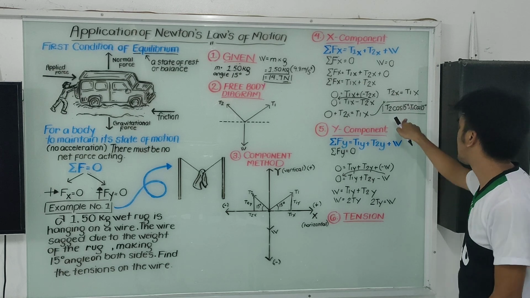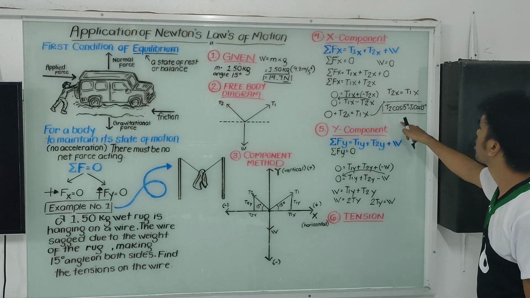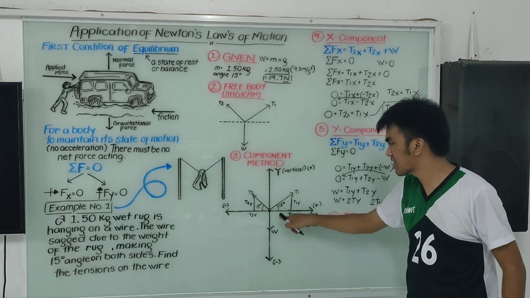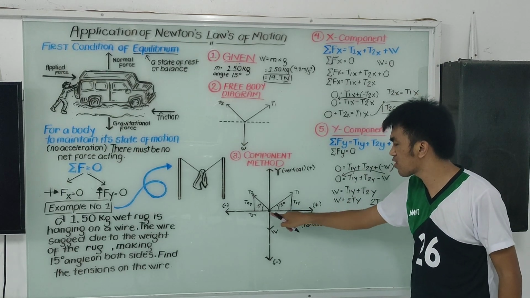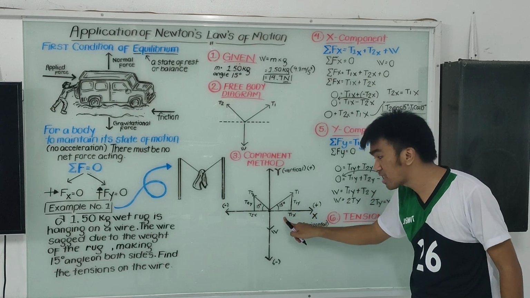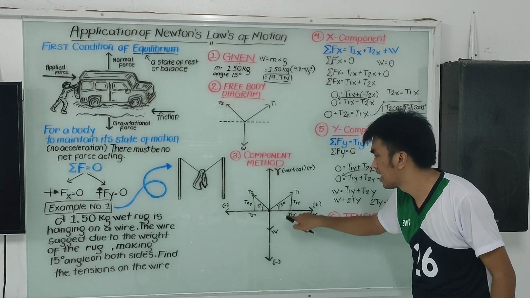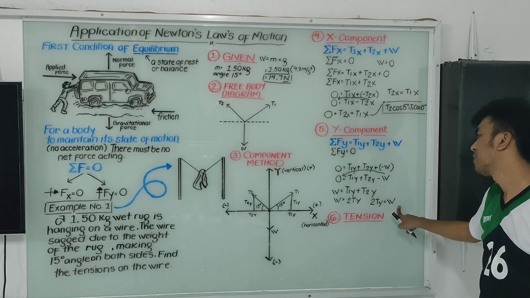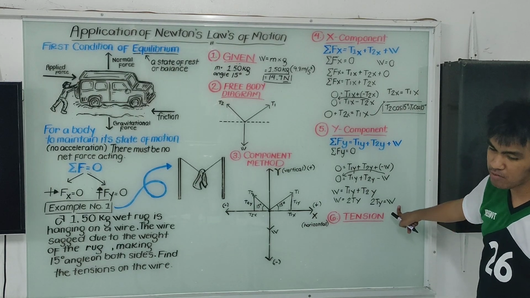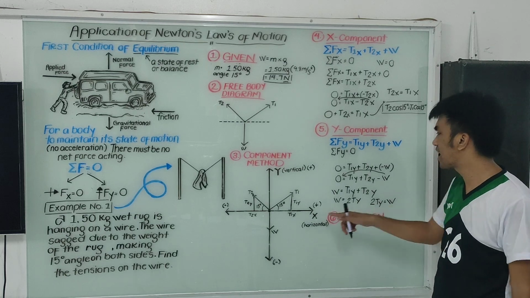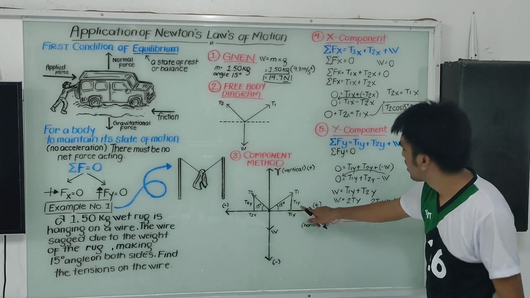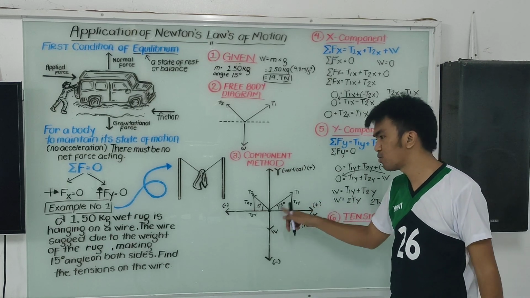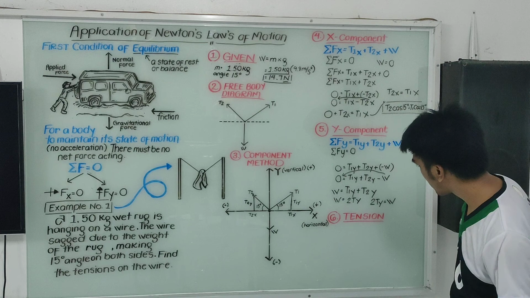So here naman, earlier we used cosine, the trigonometric function cosine, because the x component here is adjacent to the angle, meaning katabi. Now, in the y component, we are going to use the trigonometric function sine, because the y component is opposite to the angle.